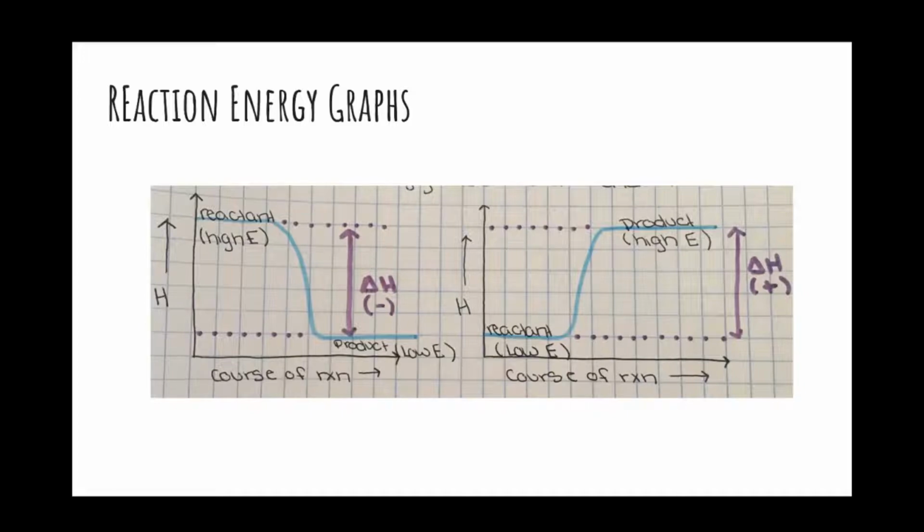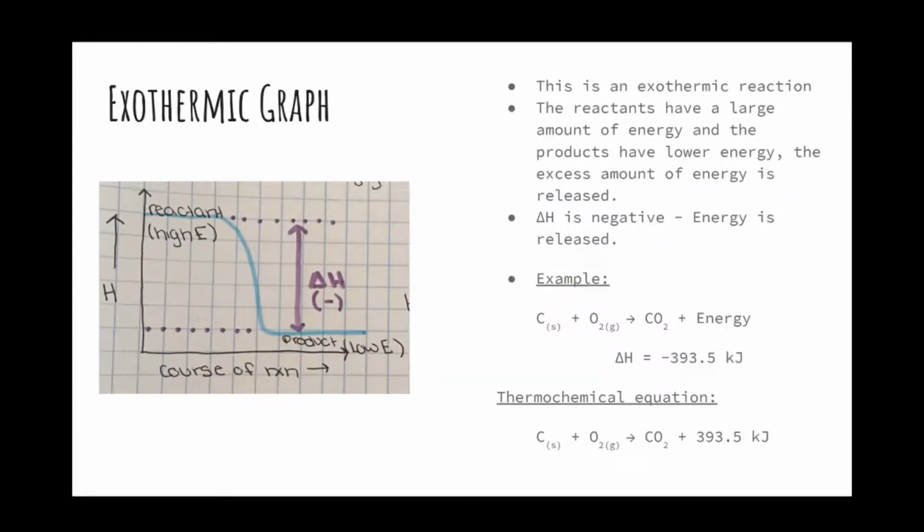Now, what does that actually mean when we talk about endothermic and exothermic reactions? That's what these next slides are going to be talking about. So let's look at our first graph. This is where we had reactants that were high in energy and products that were low in energy. This actually refers to an exothermic reaction.